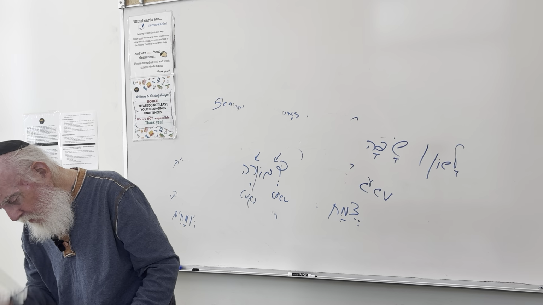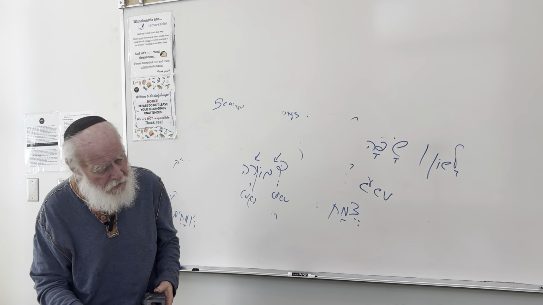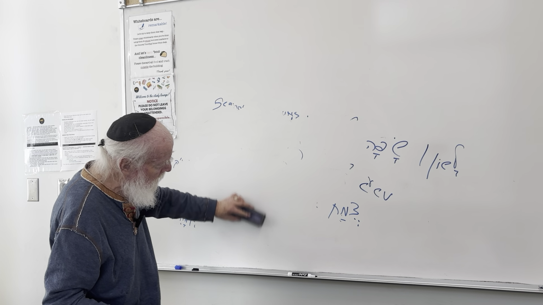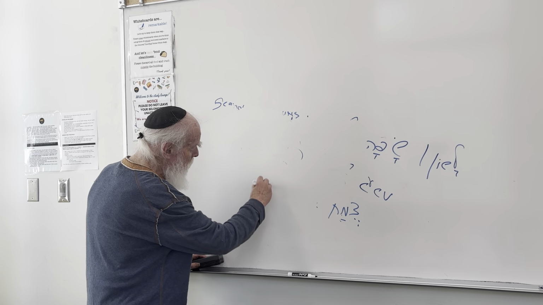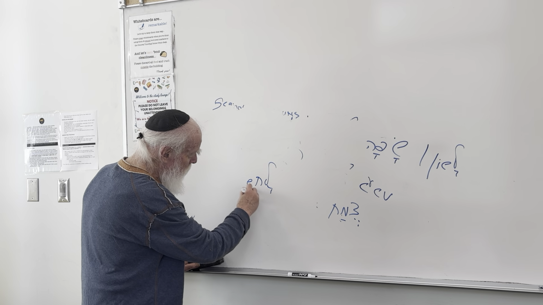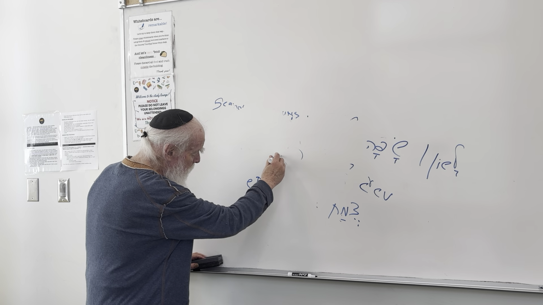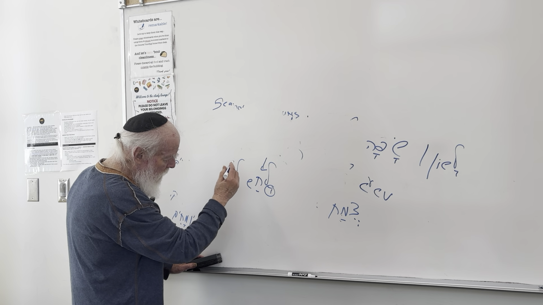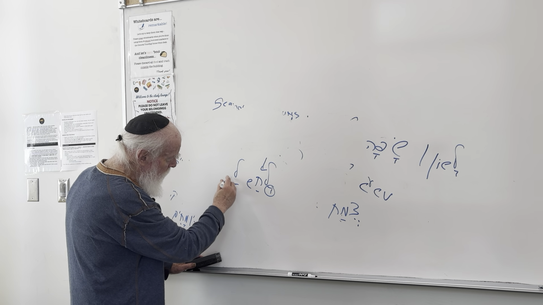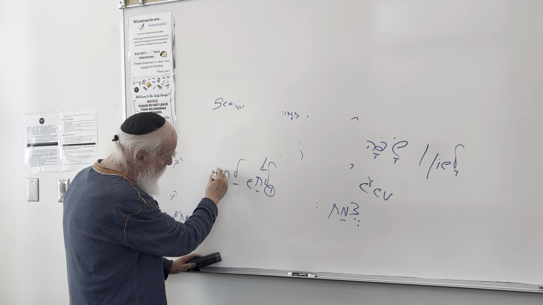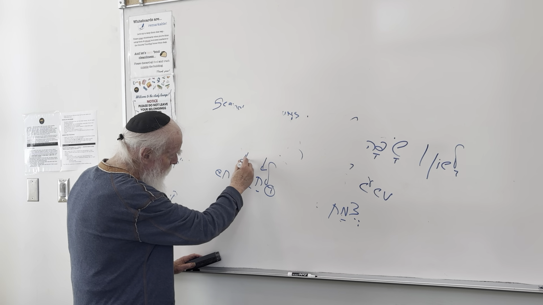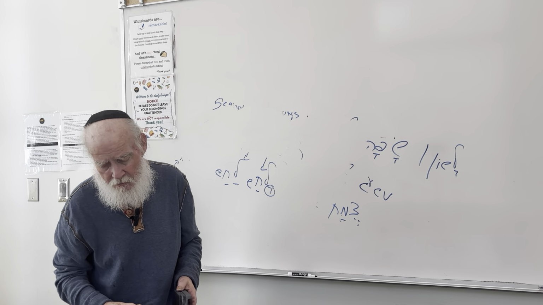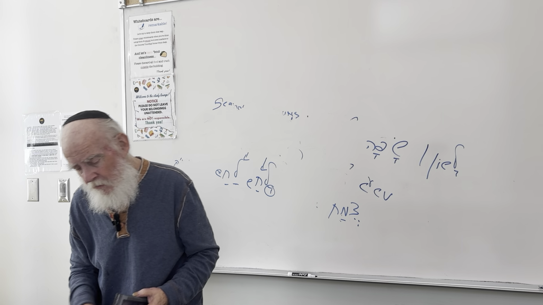Again, when you see it spelled with vowels, you can see the difference. The word he whispered has the vocalization of the verb in the third person masculine singular, with the accent on the second syllable, that kamatz. The word whisper as a noun is a short vowel, open syllable, and so gets accented. Short vowels should be part of a closed syllable. If they're open, they're irregular and are accented.